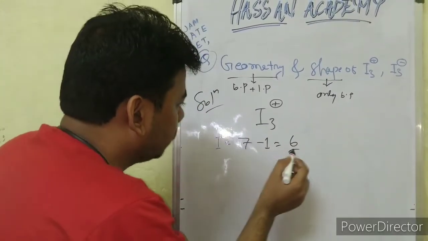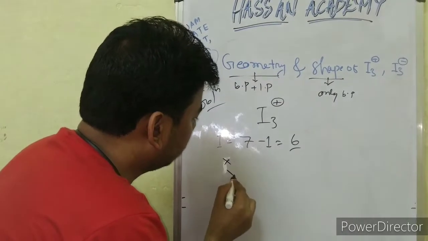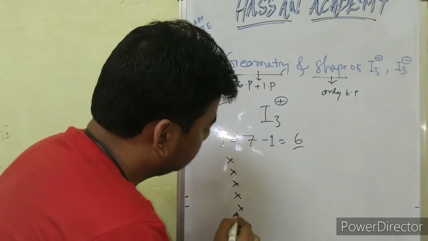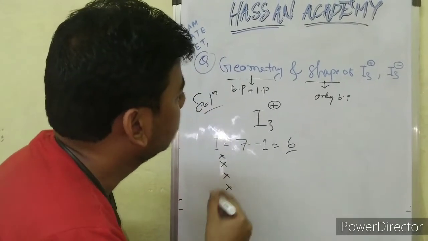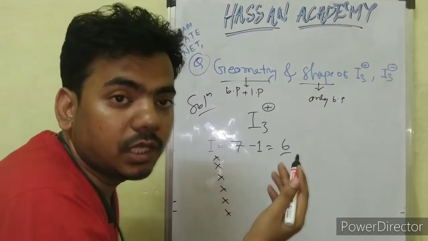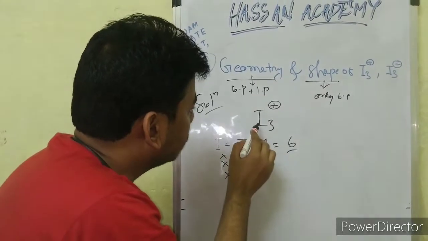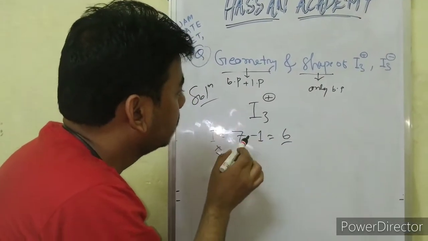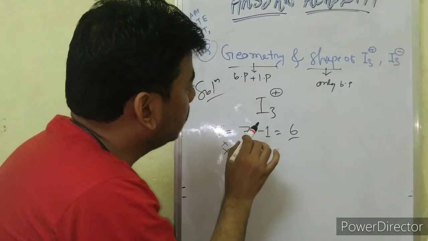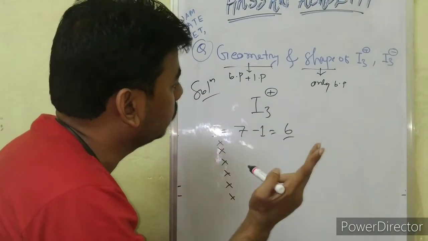Once you get 6 electrons, you can draw the 6 electrons like this, 1 2 3 4 5 6. Then you need to see how many bonds they are going to form. Since one iodine is taken as the central atom, we will take bonds for only 2 more iodine.